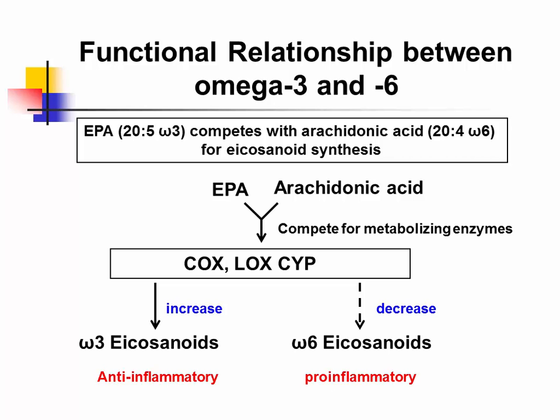So if we consume a lot of EPA or DHA, then we can compete for the enzymes with arachidonic acid for the synthesis of omega-3 eicosanoids, which are good anti-inflammatory lipid metabolites, right?